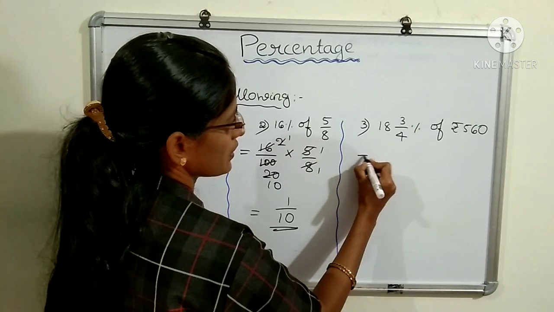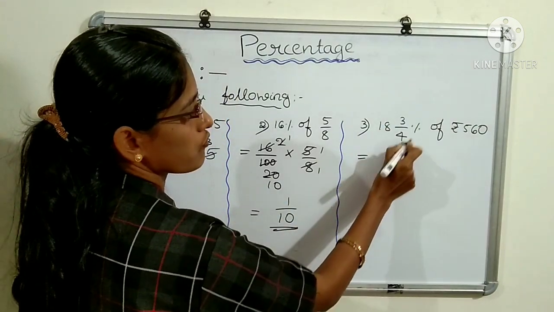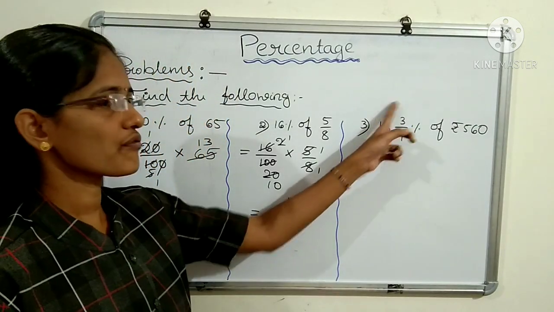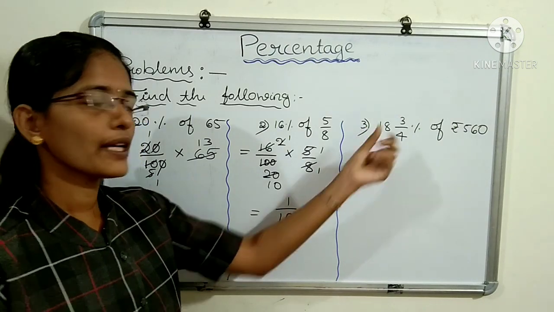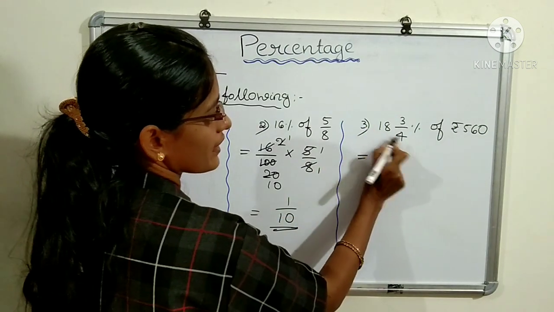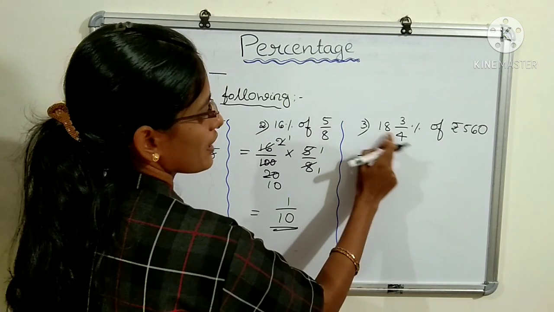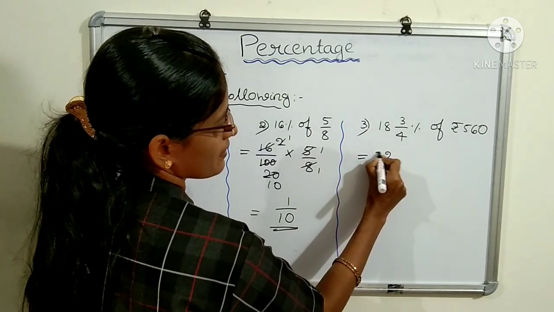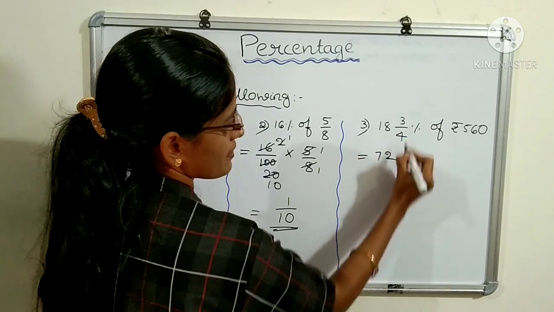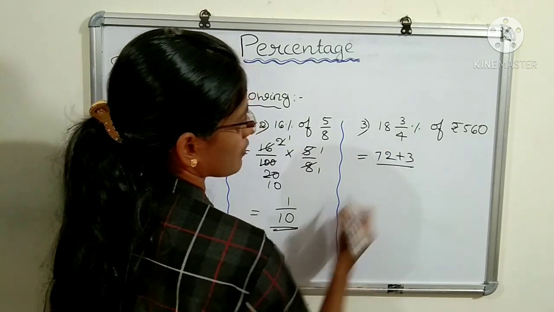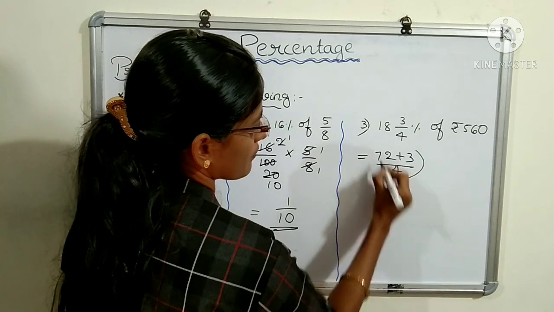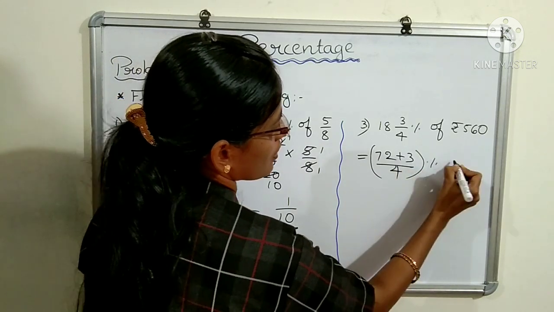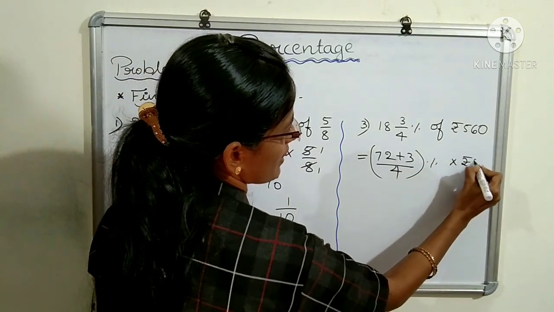And third one, 18 3 by 4 percentage. This mixed fraction convert to improper fraction. Here 18 fours are how much, students? 8 fours are 32, 4 ones are 4, plus 3, 72 plus 3, 75 by 4 percentage into rupees 560.